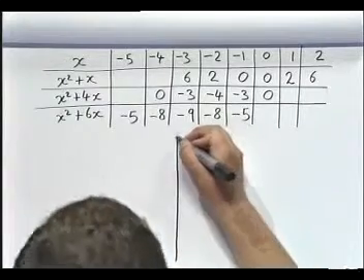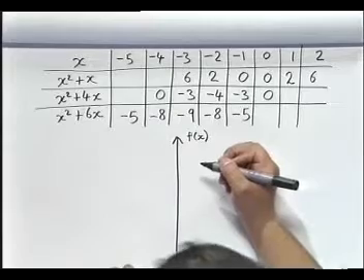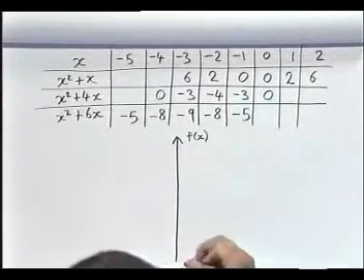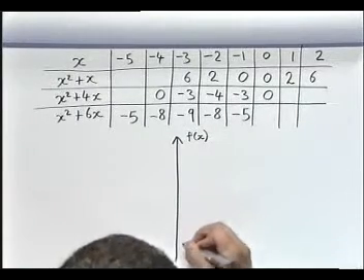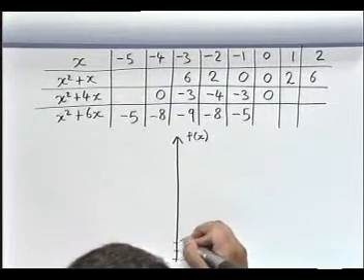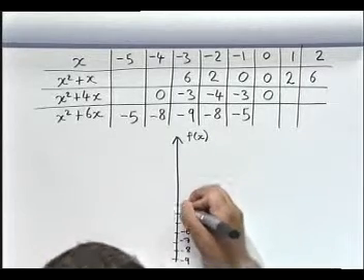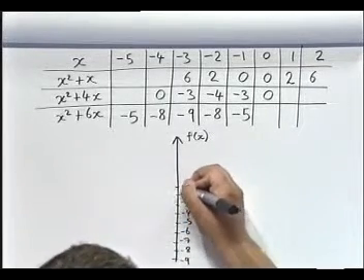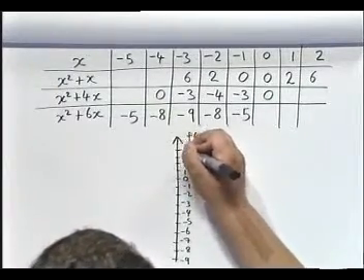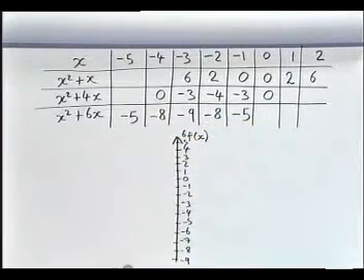So on a vertical scale, we'll need f of x, and that's going to take us from our lowest value, which is minus 9, up to 6. So if we do minus 9, minus 8, minus 7, minus 6, minus 5, minus 4, minus 3, minus 2, minus 1, 0, 1, 2, 3, 4, 5, and we can just about squeeze 6 in at the top.